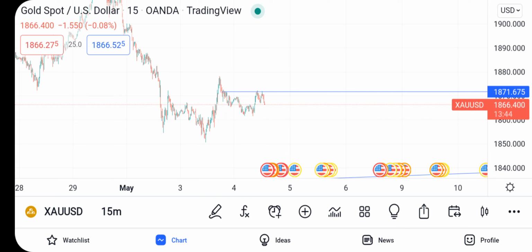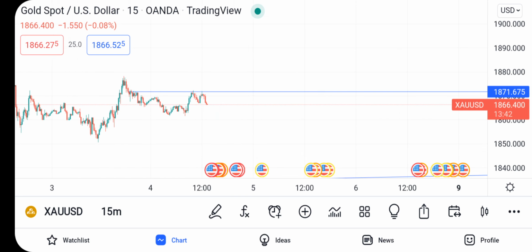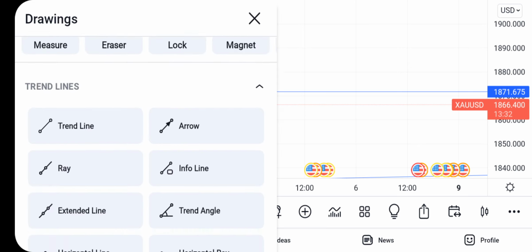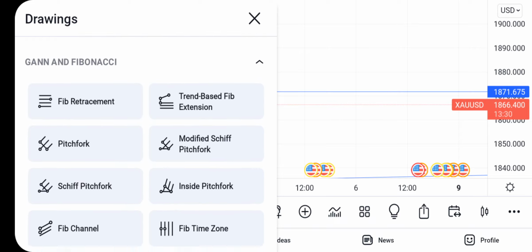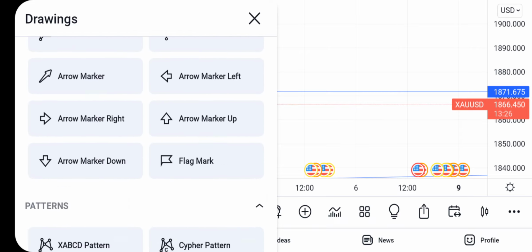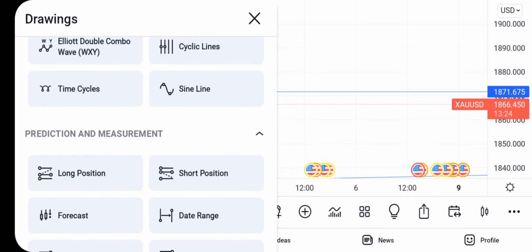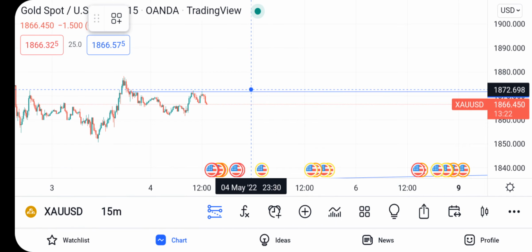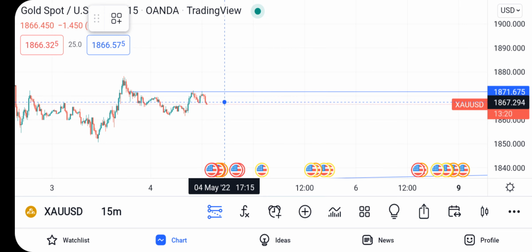So we can take a sell currently, as you can see that we had another double top there. So we can take a sell, and now like this, this is a sell, guys. I'm not giving you a signal, but for me, I'm taking a sell on gold now.